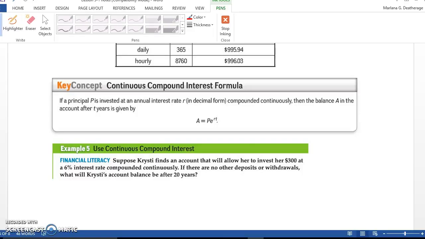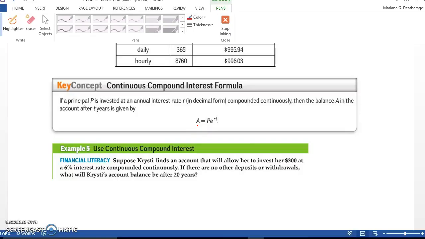Okay? So now we're on page 6 of the notes. If a principal P is invested at an annual interest rate R, which in decimal form, so if it's 6% it'd be 0.06, and it's compounded continuously, then the balance A in the account after T years is given by this formula.